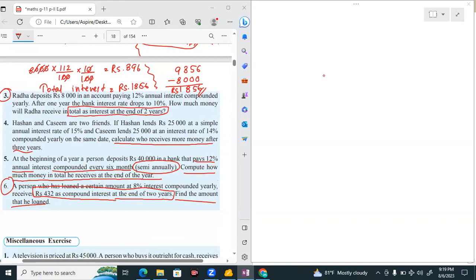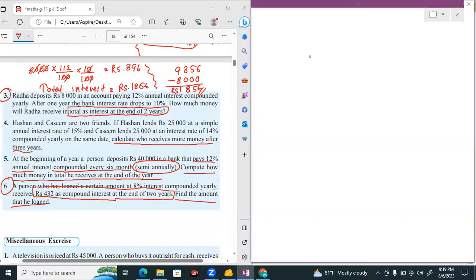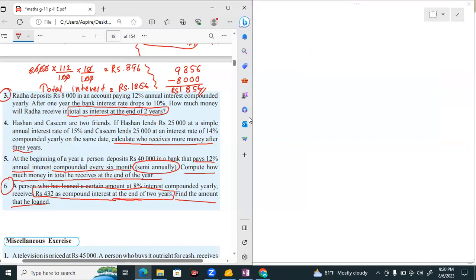A person who loaned a certain amount at 8% interest compounded yearly receives 432 as compound interest at the end of 2 years. Actually, it would be better if it said the second year rather than the end of the 2 years.